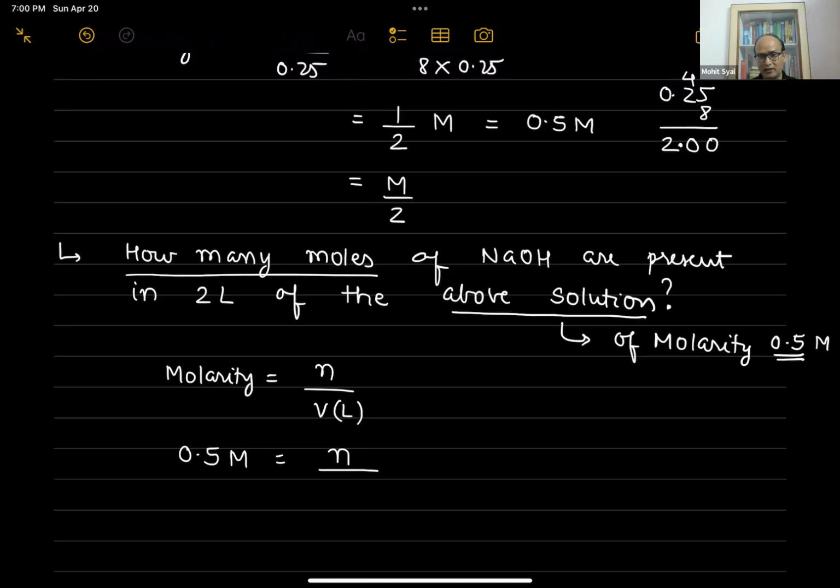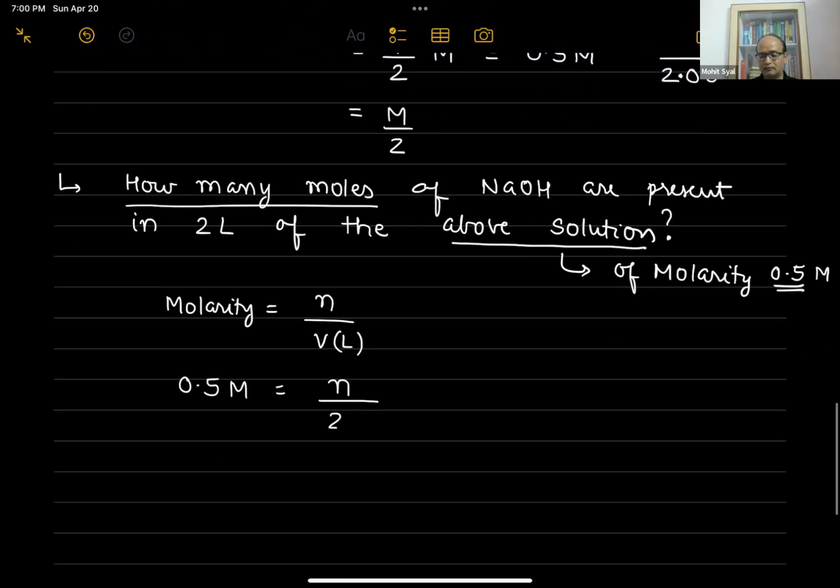And the volume is now changed, it is taken as 2 liters. So the number of moles we can find out by multiplying 0.5 into 2. That is 1 mole.